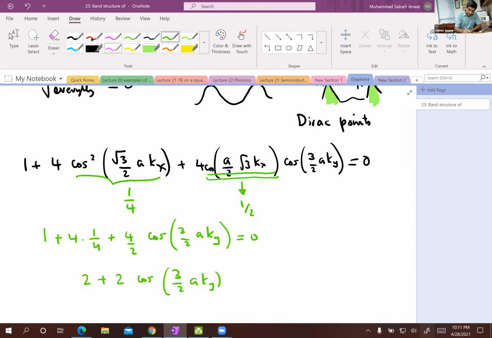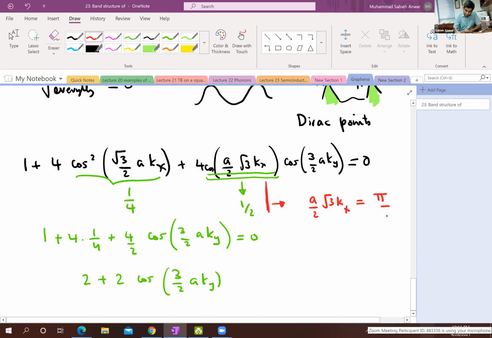Now, when is this term equal to 1/2? This term is going to be equal to 1/2 when cosine of 60 is 1/2. So a over 2 under root 3 kx is pi over 3. This means that kx is 2 pi over 3 under root 3a.